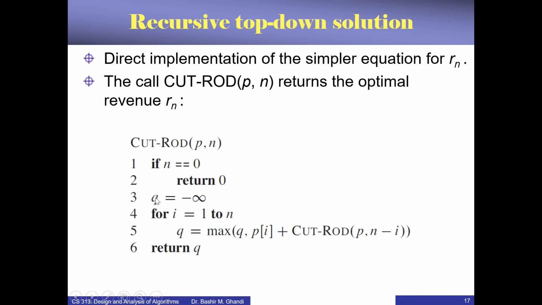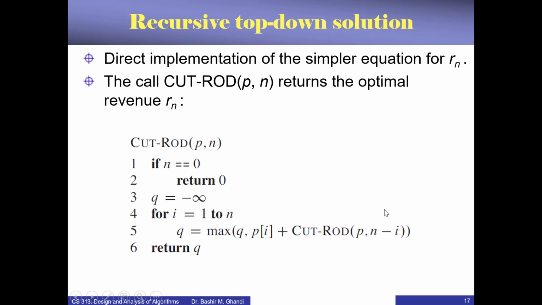So it initializes a variable q, which will be used to obtain the max, to minus infinity. And then in a loop for i from 1 to n, we compute p_i. So this is just reading the price from the table, the price for length i, and making a recursive call with n minus i.